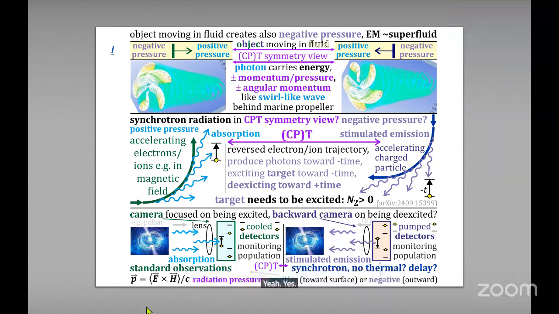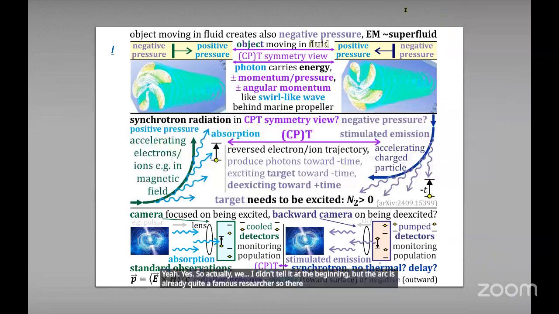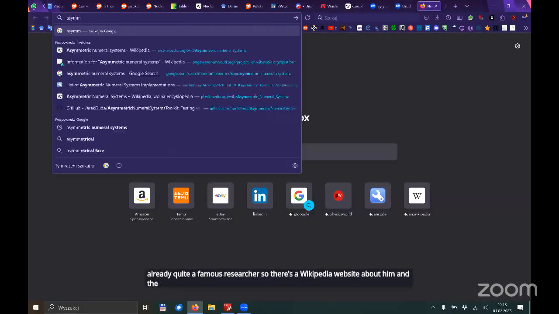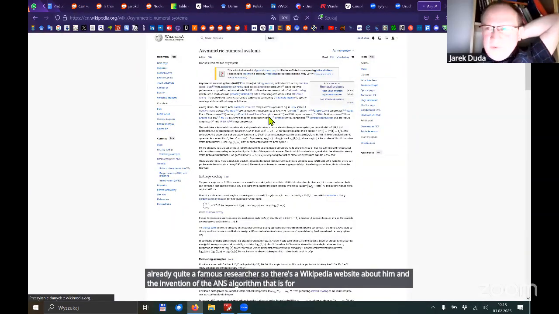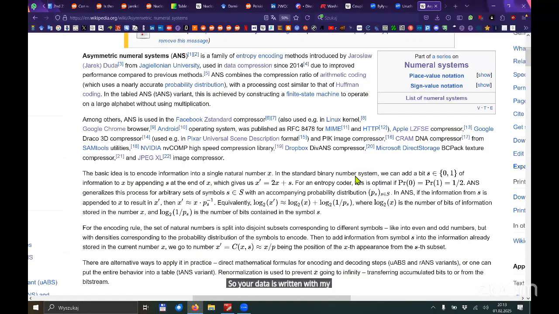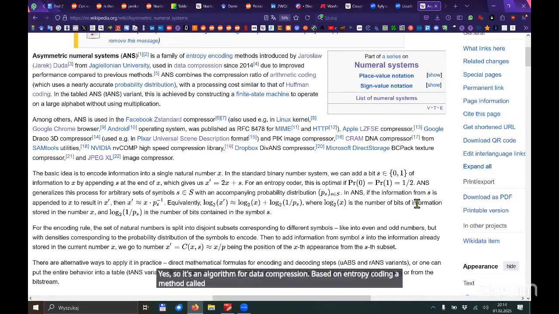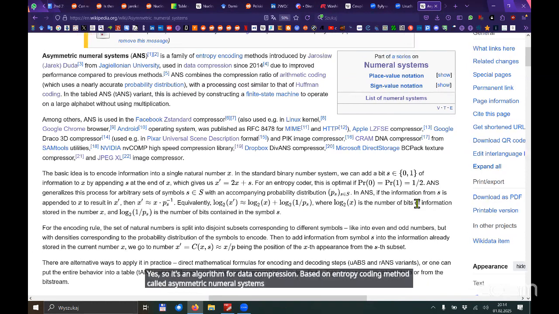So actually, I didn't say it at the beginning, but Jarek is already quite a famous researcher. There's a Wikipedia page about him and the invention of the ANS algorithm. Probably your data is written with my ANS. It's an algorithm for data compression based on an entropy coding method called asymmetric numeral systems, and it's currently used by companies like Apple, Facebook, Google.